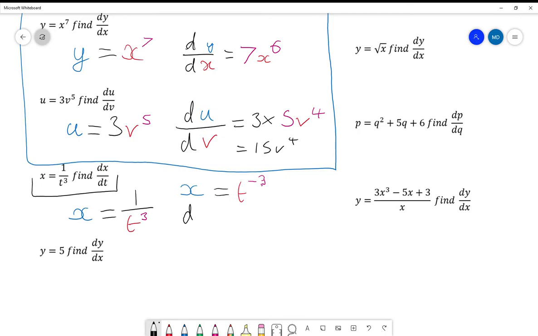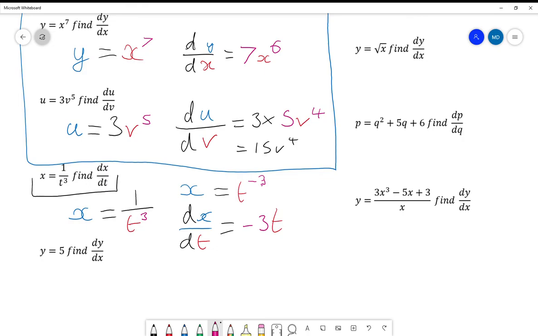So dx by dt is going to be equal to, we bring that negative down, and then we subtract 1 from the power. But remember, the power is already negative, so when we subtract, we actually get negative 4.